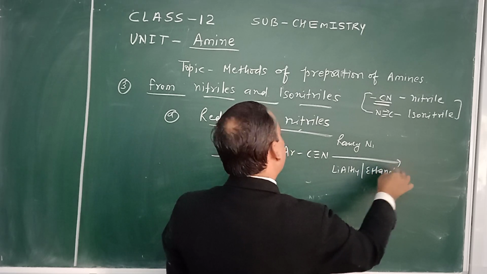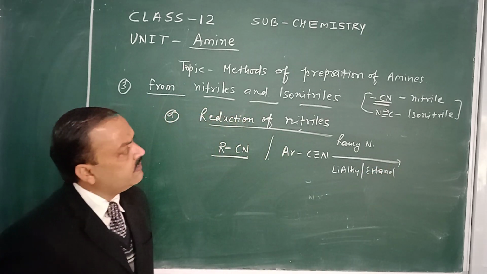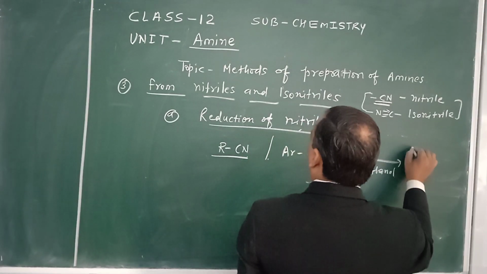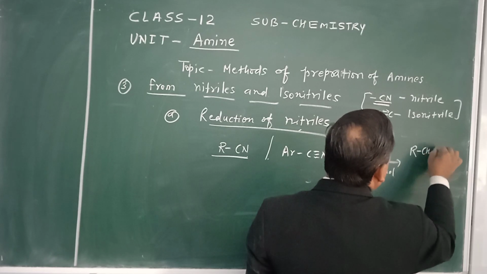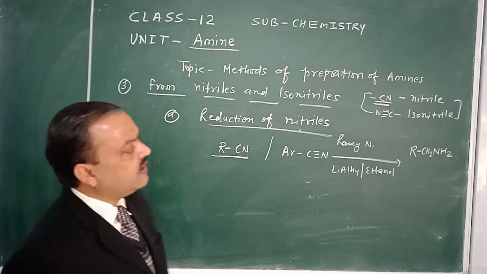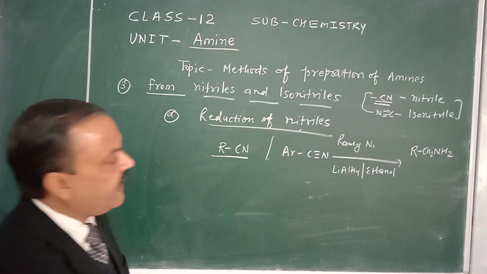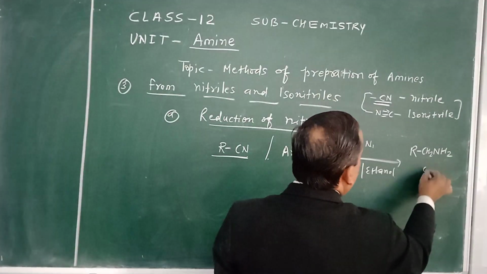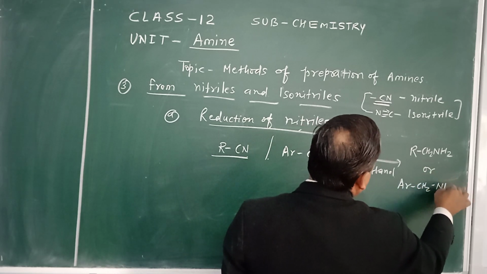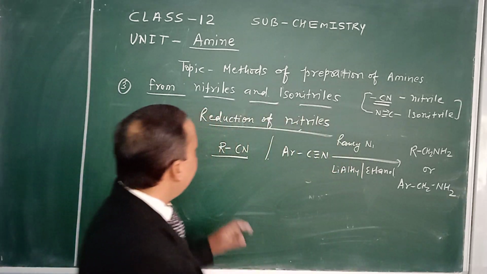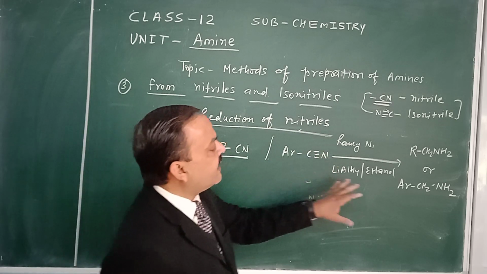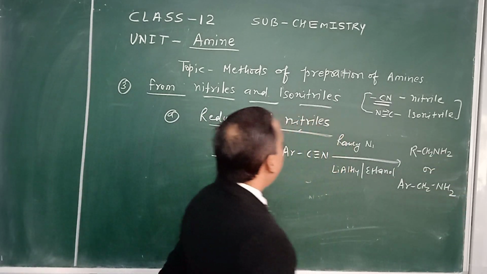When reduction of the nitrile group takes place, it gets converted into RCH2NH2. RCN converts into RCH2NH2, and in case of an aromatic amine, we have ArCH2NH2. So by this method, the cyanide group is reduced and converted into the amino group.